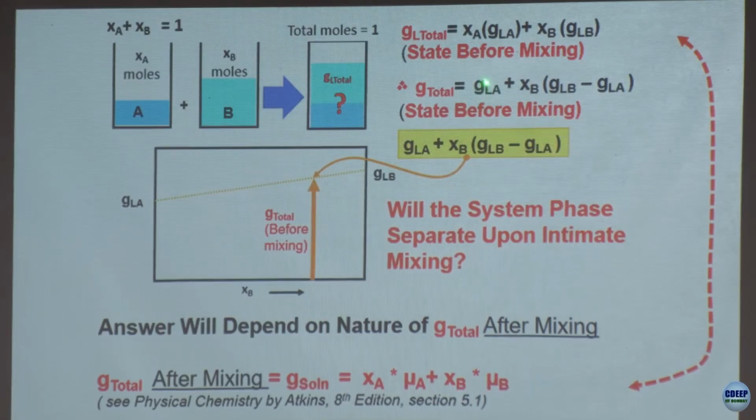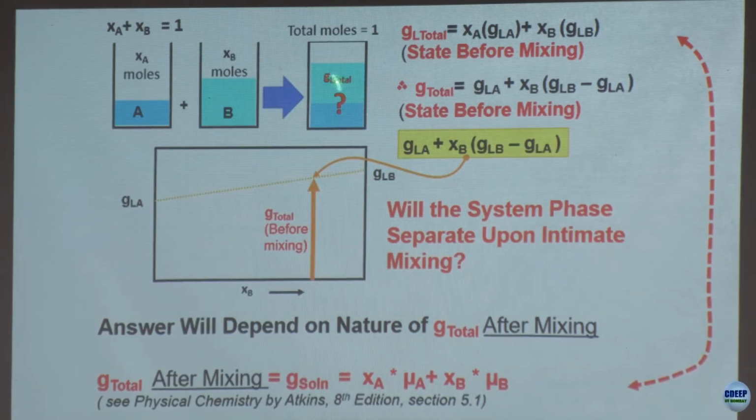Now G total can be expressed like this: GLA plus XB multiplied by (GLB minus GLA), which is really a straight line. So if you vary XA and XB, you will get this particular line.